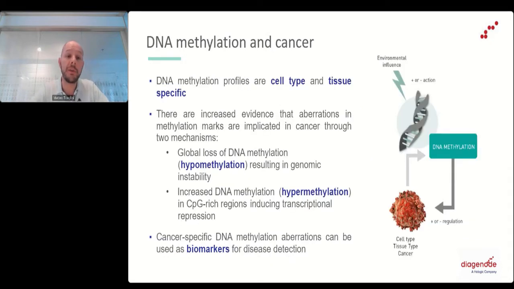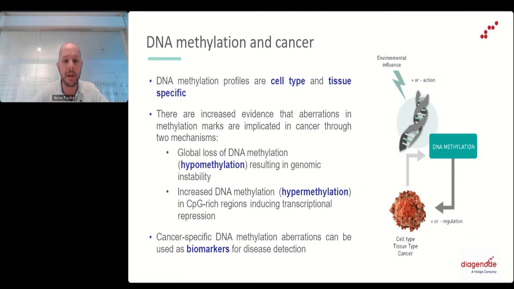It is also known that DNA methylation profiles are very specific to the cell type or to the tissue. And it is also very well known that aberration of these DNA methylation profiles is a hallmark in cancer.